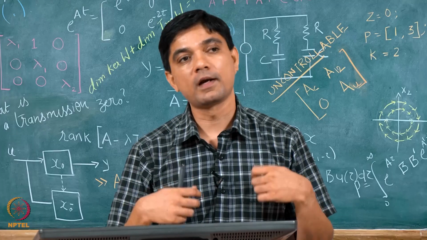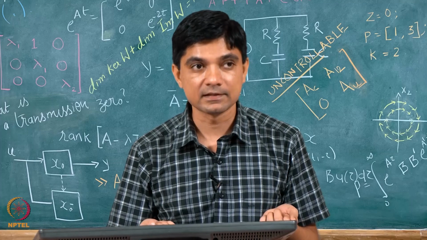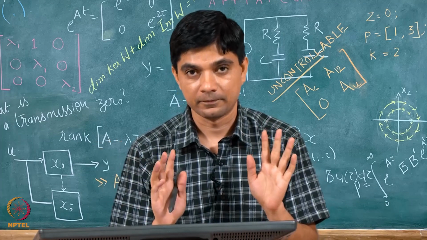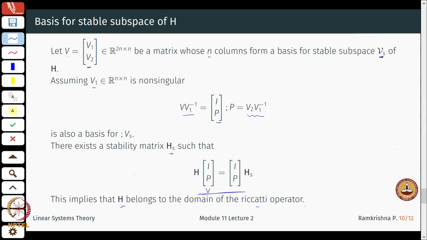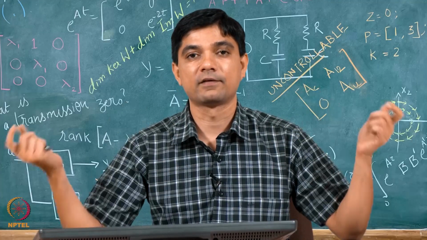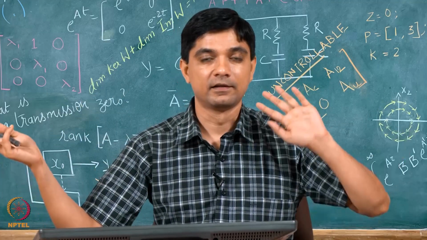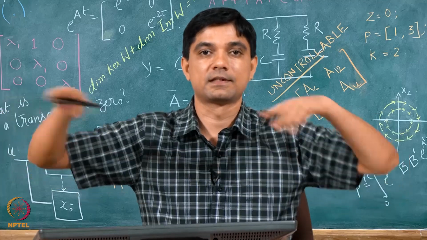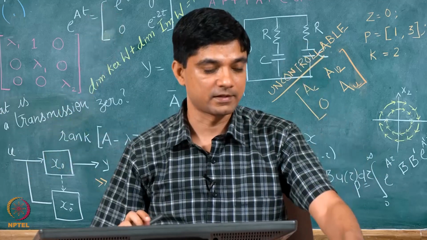Now, I know under what conditions P exists, and I also know what P looks like. It all depends on identifying the stable subspace of H and saying that its eigenvalues are equally distributed in the negative and the positive half, and no eigenvalues exist on the imaginary axis.